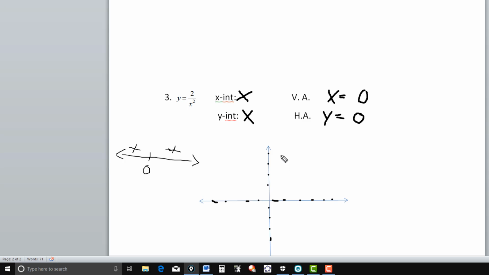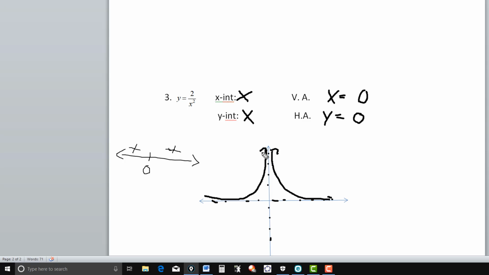Again, to the right of 0, it's positive. I have a vertical and horizontal, so just draw the graph so that it approaches both. And then to the left of 0, I also have a positive, so again, draw the graph so that it approaches both. So we have a graph that looks like that.